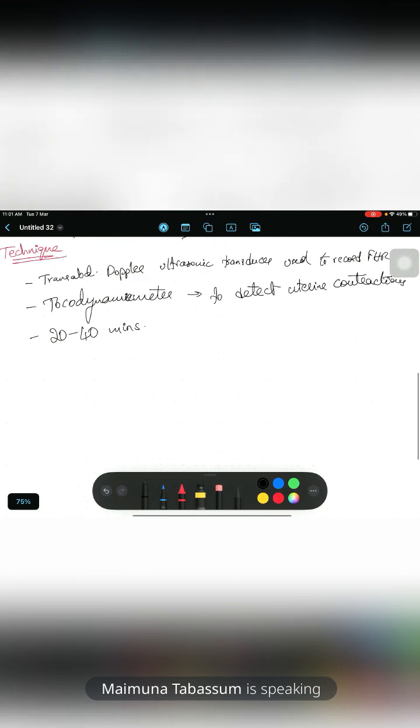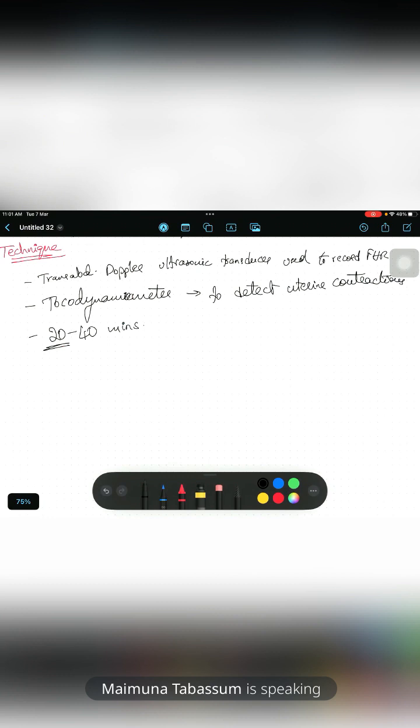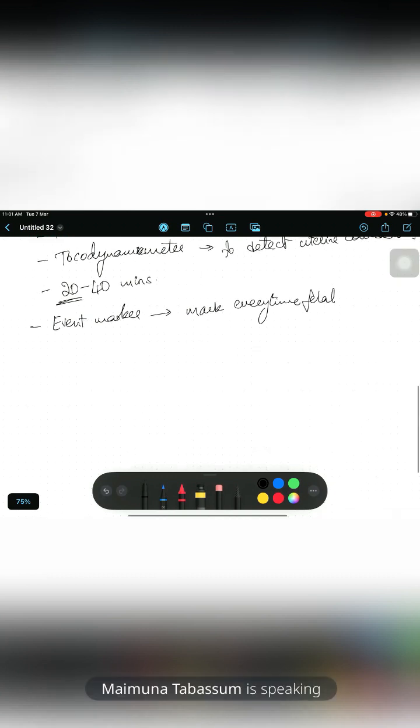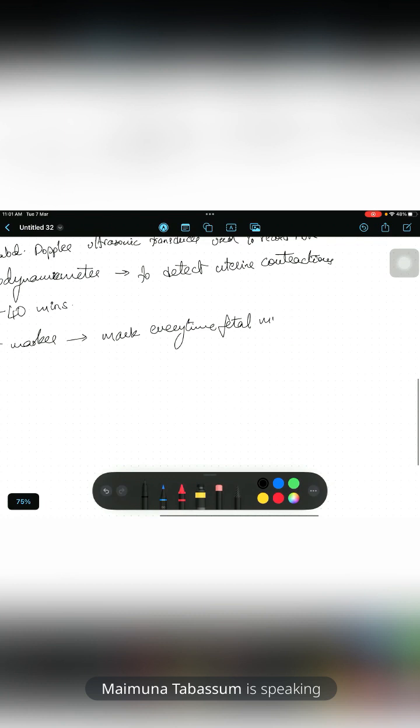The normal time is 20 minutes. If you have any doubt regarding the fetal heart rate or accelerations, then you will continue it for 40 minutes. And then the mother will be given an event marker to mark every time the fetus moves. Every time there is fetal movement, it is to be marked on the event marker.